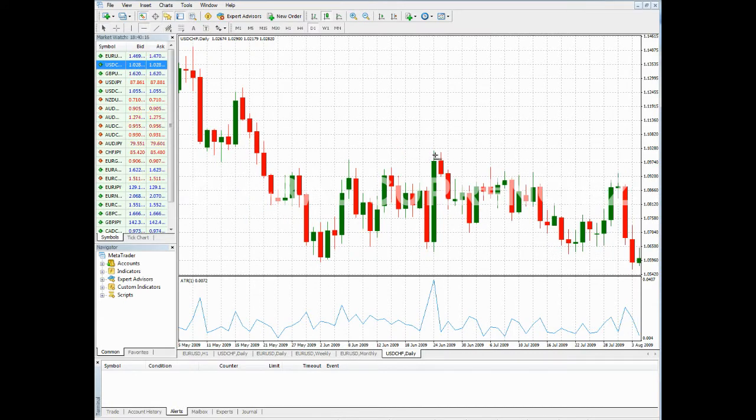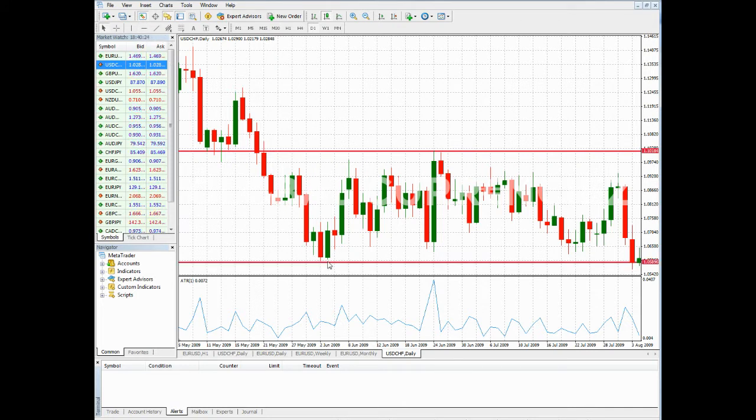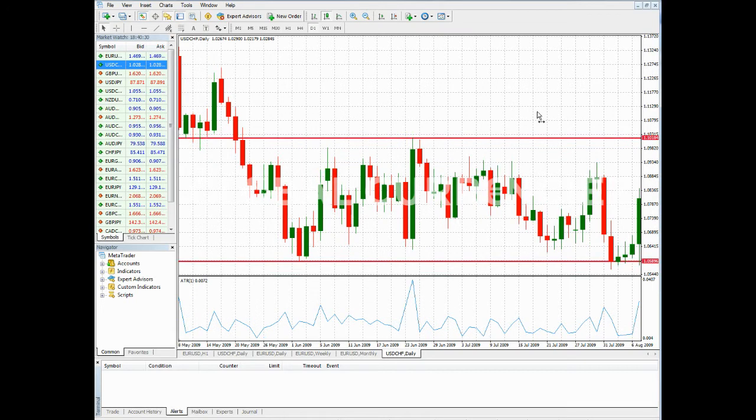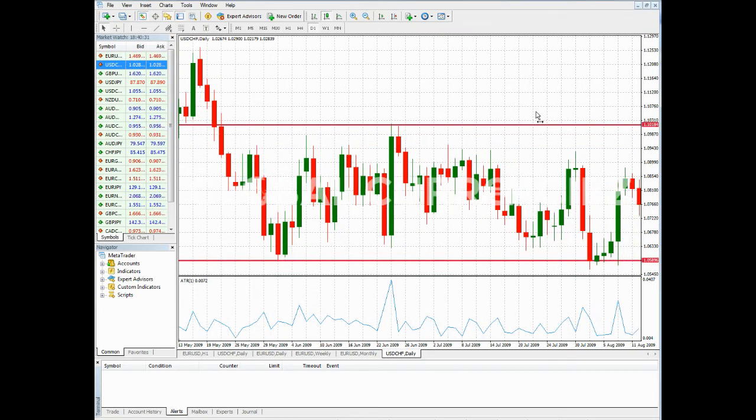Okay, and let's look at our resistance being up there, our support being down here, and let's go by here one at a time again. We bounce off. We're moving up nicely. Now you'll notice this may be a more major level here.